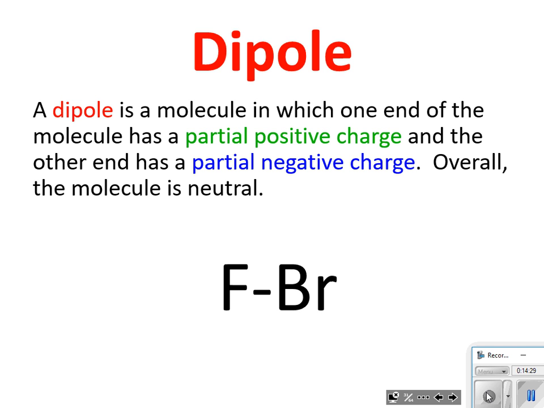A dipole is a molecule in which one end of the molecule has a partial positive charge and the other end has a partial negative charge. Overall, the molecule is neutral.